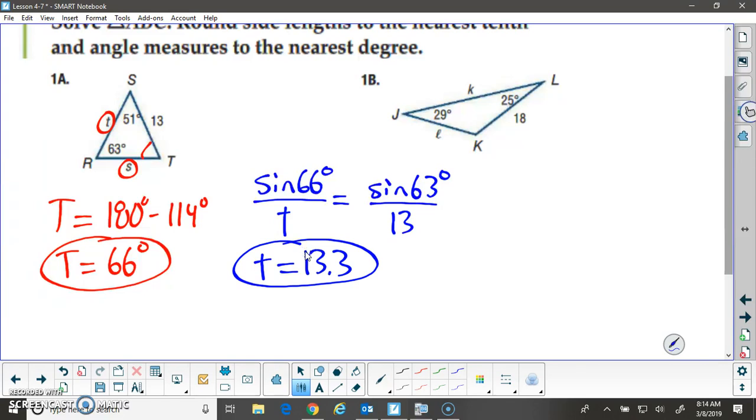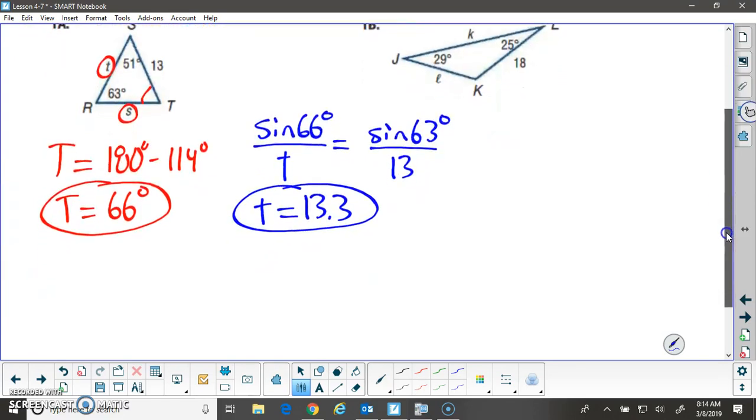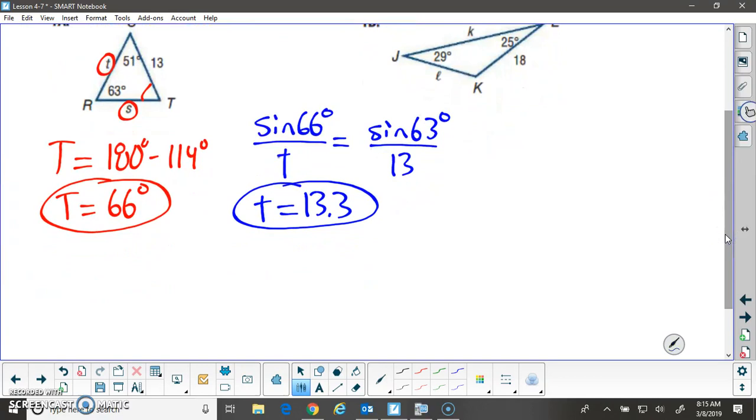And now we still have one more piece to find, and that is to find length S. So to find length S, we'll use the law of sines, which says the sine of 51 degrees over length S equals the sine of 63 degrees over length 13.